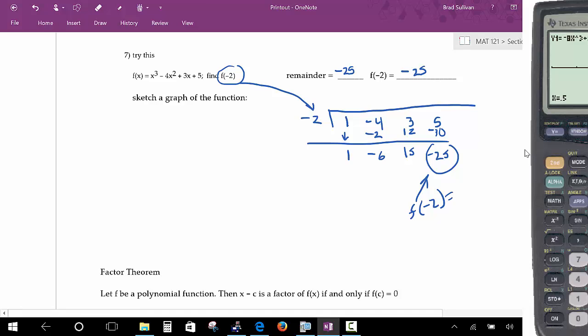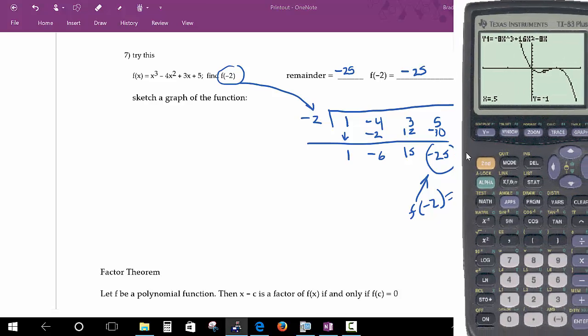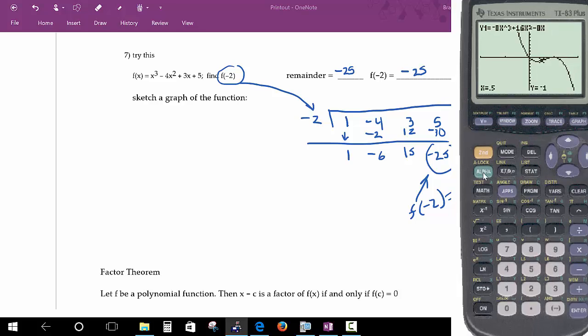Now, I'm going to do a real quick graph on this, and you can do this with me if you want. It's kind of a nice tool. When you're doing your homework, you want to do it by hand, but you want to learn to use your calculator to help you understand this stuff. So I'm going to put in the function x^3 - 4x^2 + 3x + 5. Let's go back to a standard window, so I'm going to go Zoom 6.